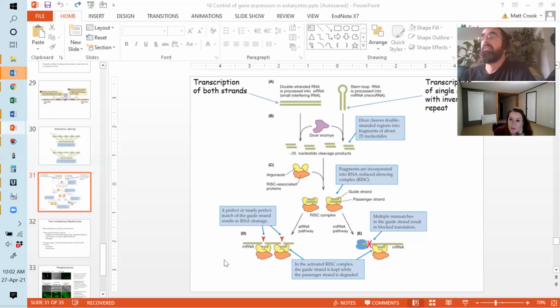They will recognize it and chew it up, and so that mRNA transcript will disappear. It'll be degraded. That's if the match to the target is perfect or nearly perfect.